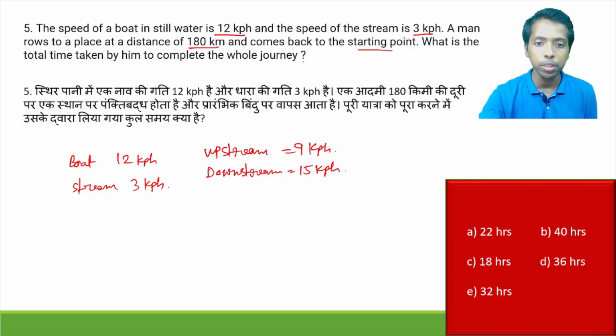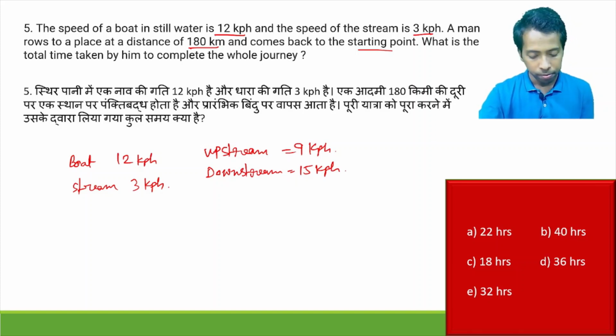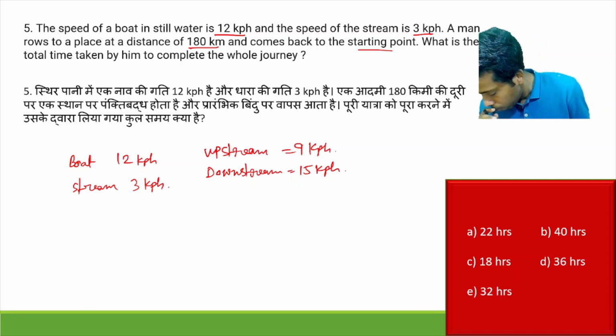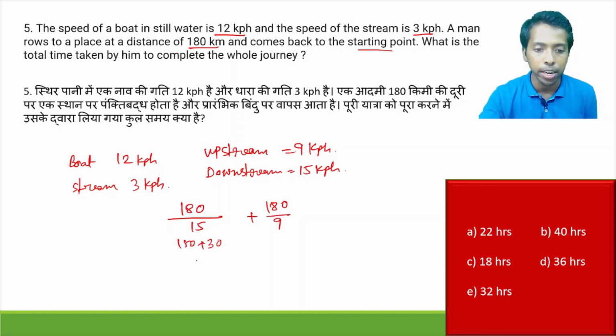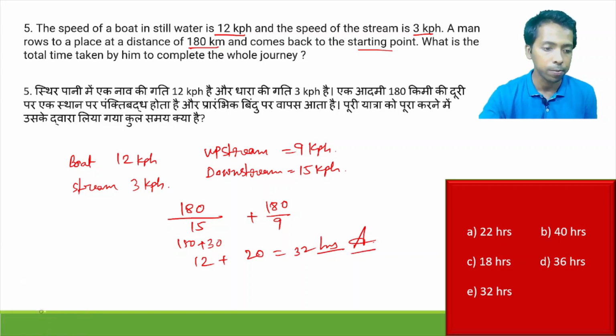Now the total distance it will travel is 180 km. So the time taken is 180 divided by 15 for downstream, plus 180 divided by 9 for upstream. So this is 12 plus 20, simple. So this is 32 hours, which is the answer in our case.